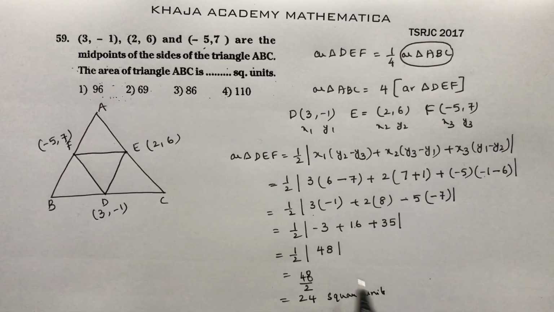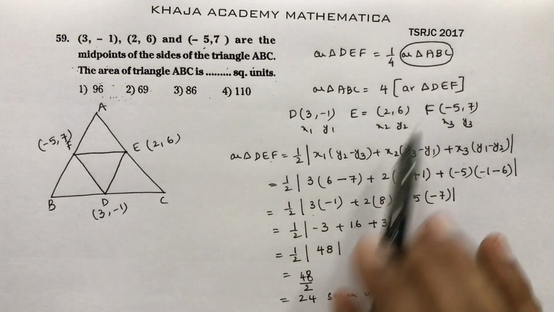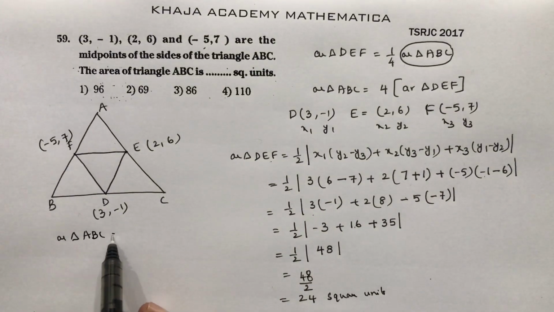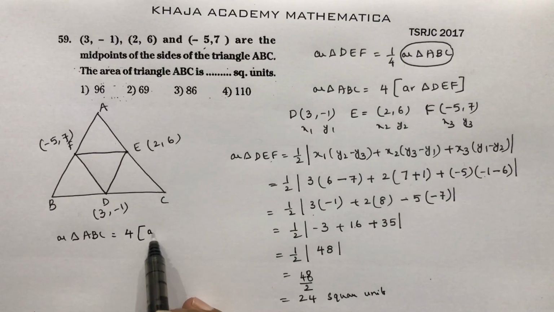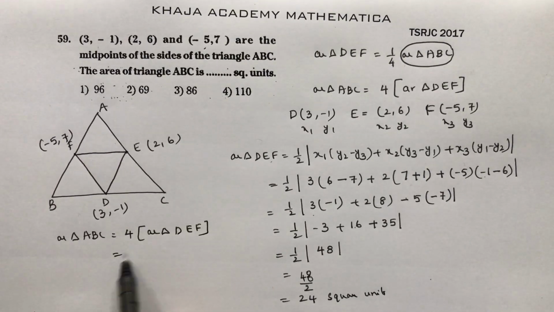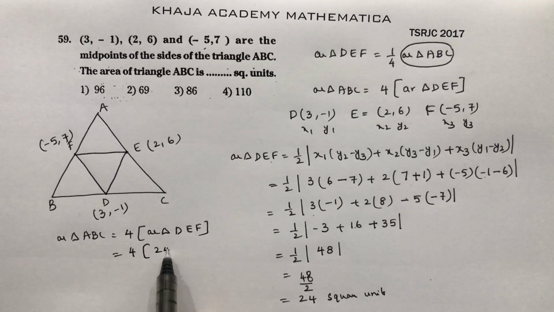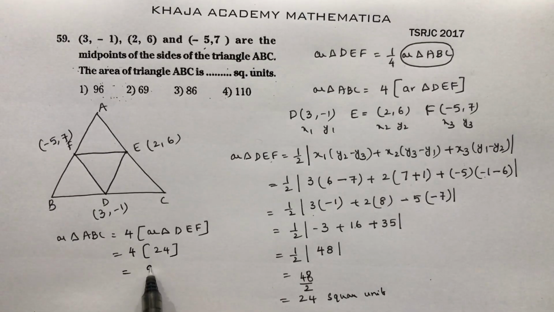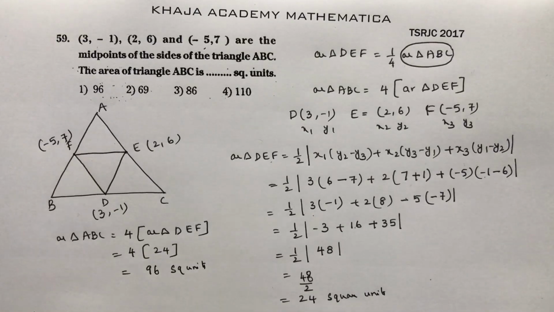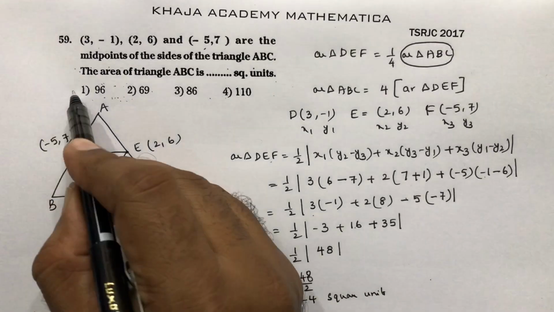So the area of DEF is 24. So the area of triangle ABC is 4 times the area of triangle DEF. So 4 times 24 is 96 square units. So the correct option is 1.